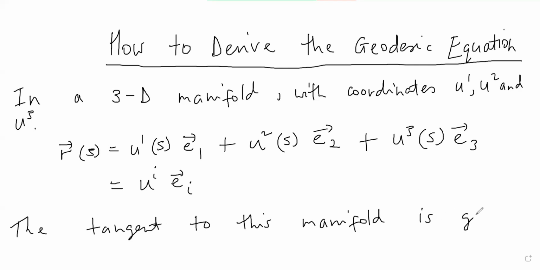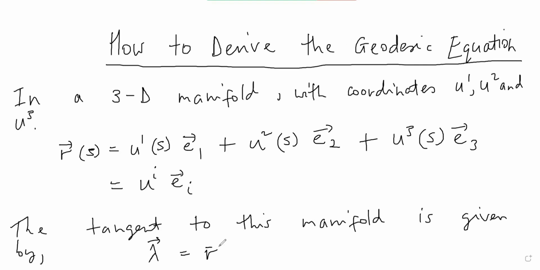The tangent to this manifold is given by the following. We will express or represent the tangent with a lambda. All right, so we'll do it like this. This is the tangent to this manifold. It's given by lambda is equal to the following.